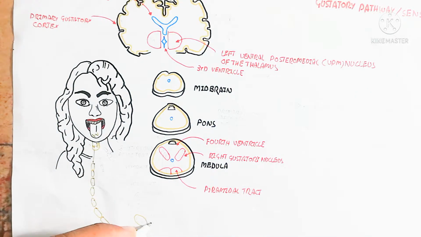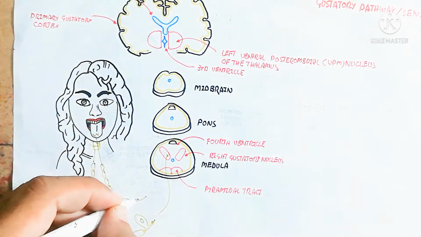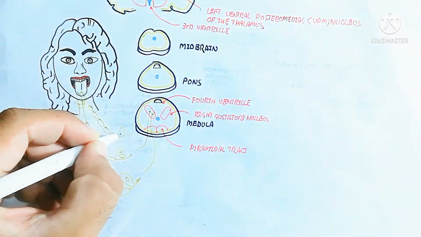So here is the person, which contains a pharynx as well as the tongue.